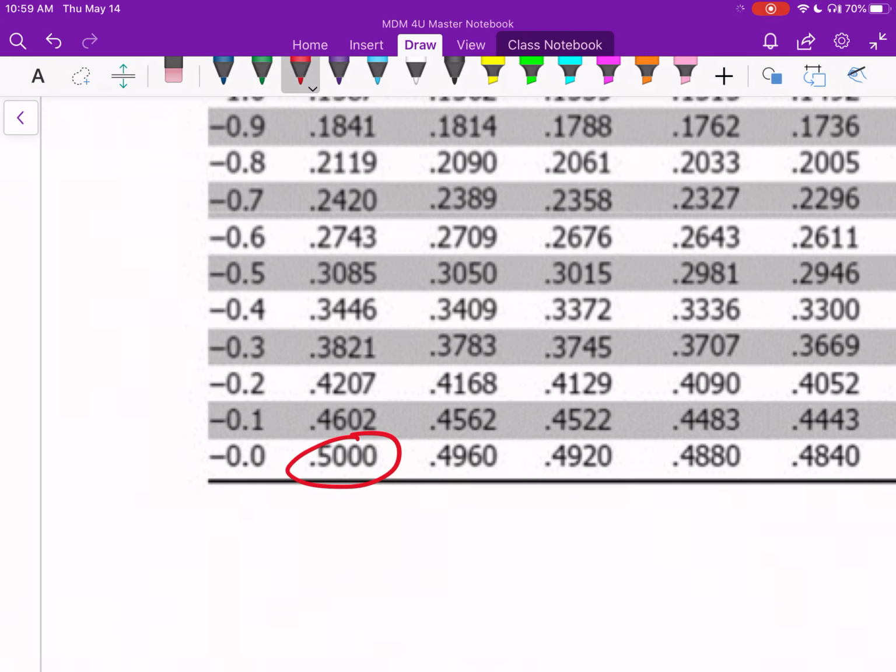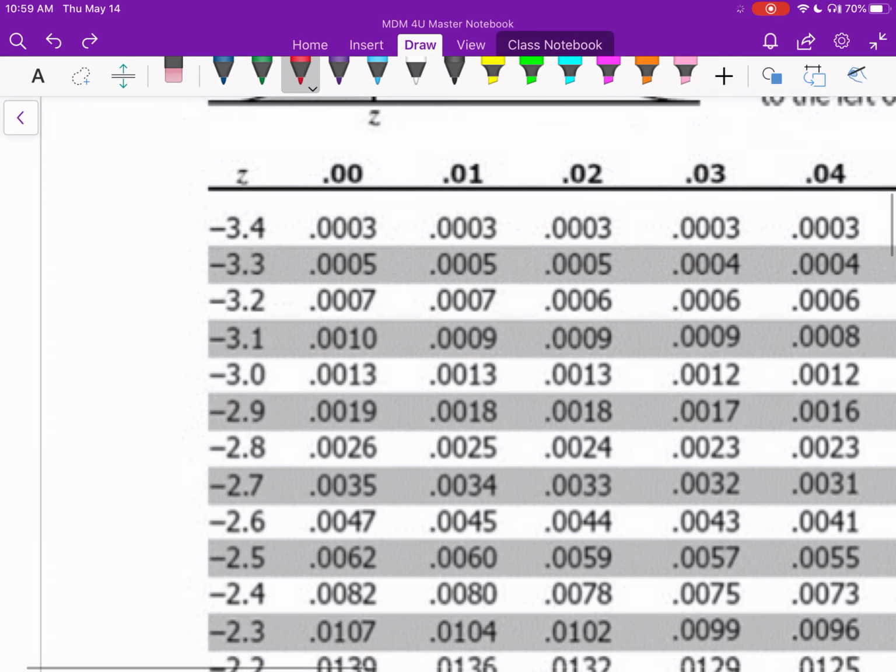In other words, right at the mean, 0.00 standard deviations below the mean is the highest this side of the table goes. That makes sense, should make sense anyway, because at the mean, you've exactly cut the normal curve in half, so 50% is to the left and 50% is to the right.